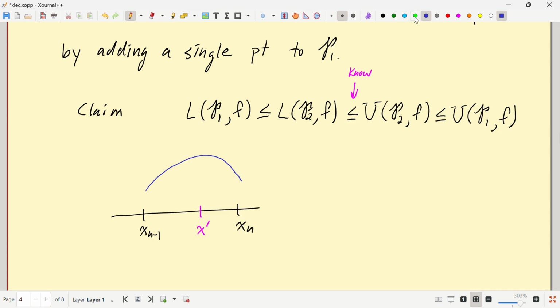A lower sum for the whole thing would be this.